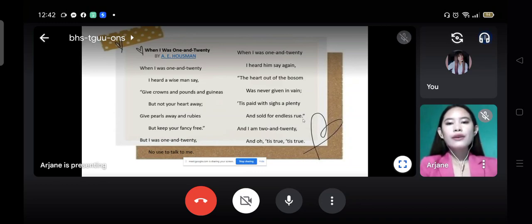When I was one and twenty, I heard him say again, the heart out of the bosom was never given in vain. 'Tis paid with sighs aplenty, and sold for endless rue. And I am two and twenty, and oh, 'tis true, 'tis true.